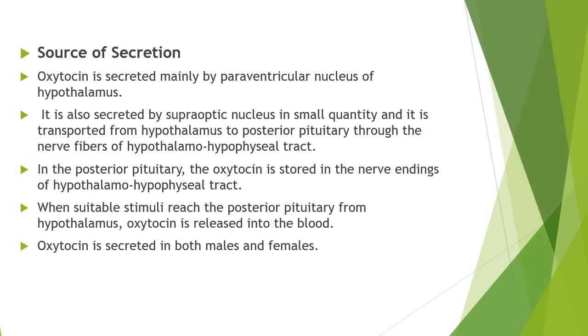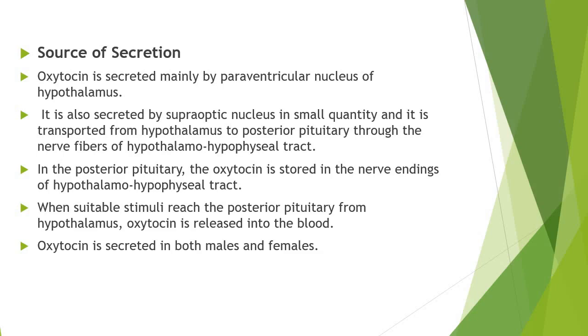Sources of secretion. Oxytocin is secreted mainly by the paraventricular nucleus of the hypothalamus. It is also secreted by the supraoptic nucleus in small quantity, and it is transported from the hypothalamus to the posterior pituitary through the nerve fibers of the hypothalamo-hypophyseal tract.